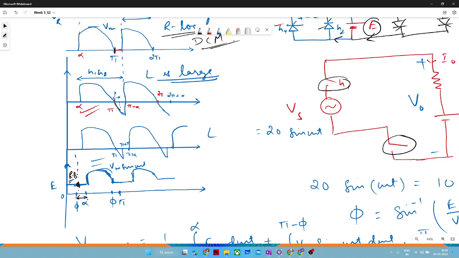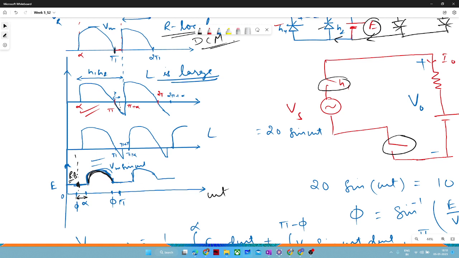Alpha is the value of angle from 0, on this omega t axis. So you may delay the gate triggering pulse, or you can give the triggering pulse at phi also. But the more delay you do, the lesser period you will get for your active power contribution. We are getting active power till this period, because that will contribute to your output current, and hence your load will have some active power.